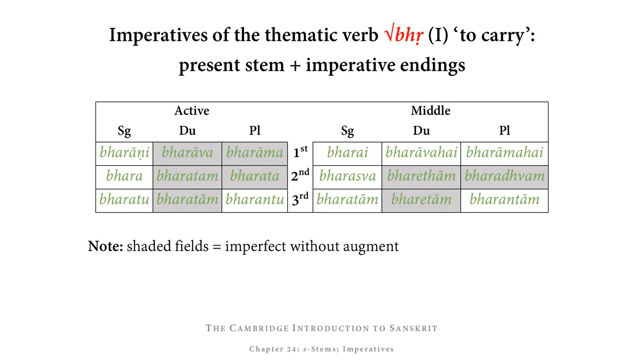Notice that the shaded fields contain forms where basically the imperative is identical to the imperfect form, but without an augment. So whereas in the imperfect we would have the dual abharava, abharatam, abharatam, here we have bharava, bharatam, bharatam.